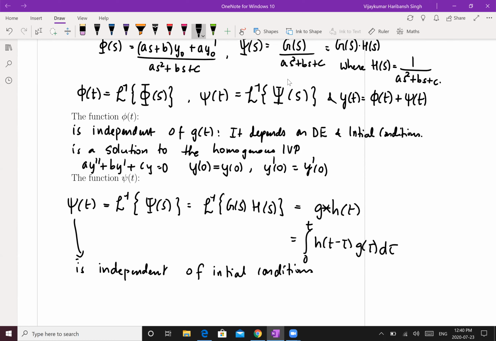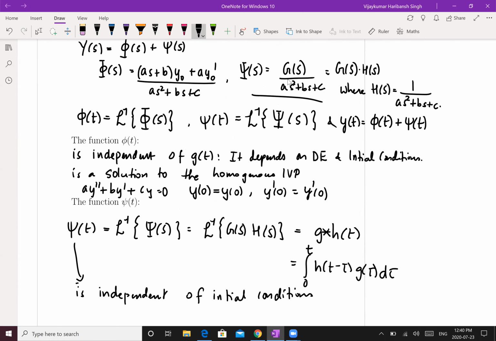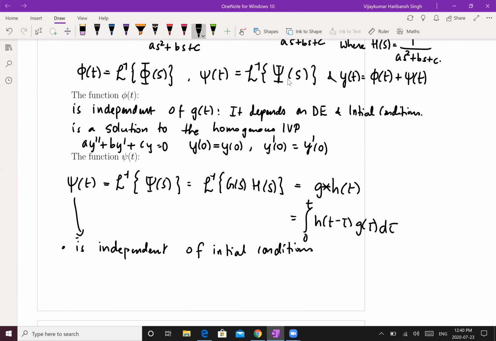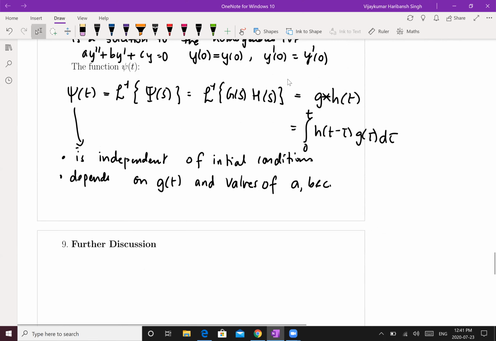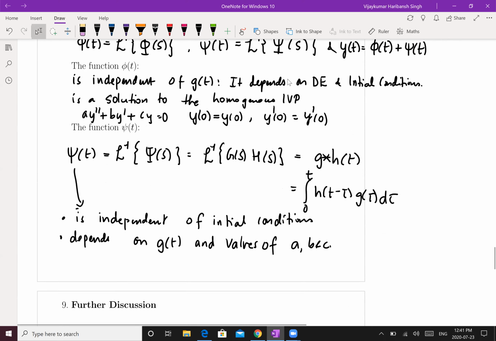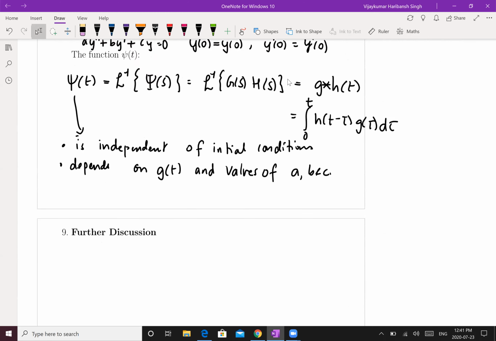And the only thing it depends on is g of t and values of a, b, and c. So that's the idea.